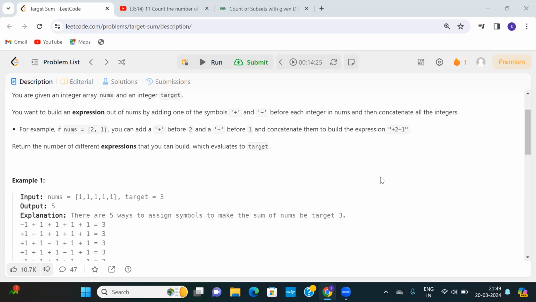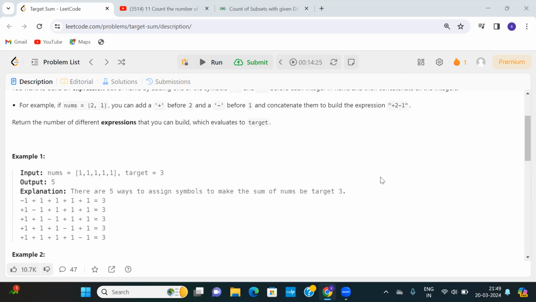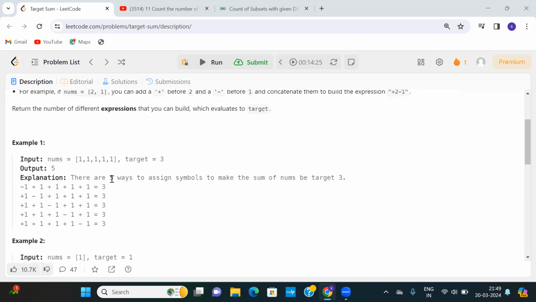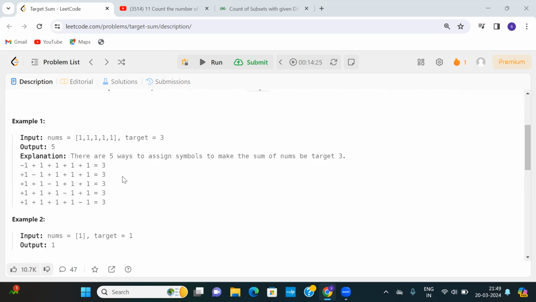Let me further explain this question with the help of an example. In example number 1, we are given a nums array with 5 integers, all 1. We need to evaluate to a target of 3. We can apply either plus or minus before each integer. So to build a target 3, what we can do is minus 1 plus 1 plus 1 plus 1 plus 1.